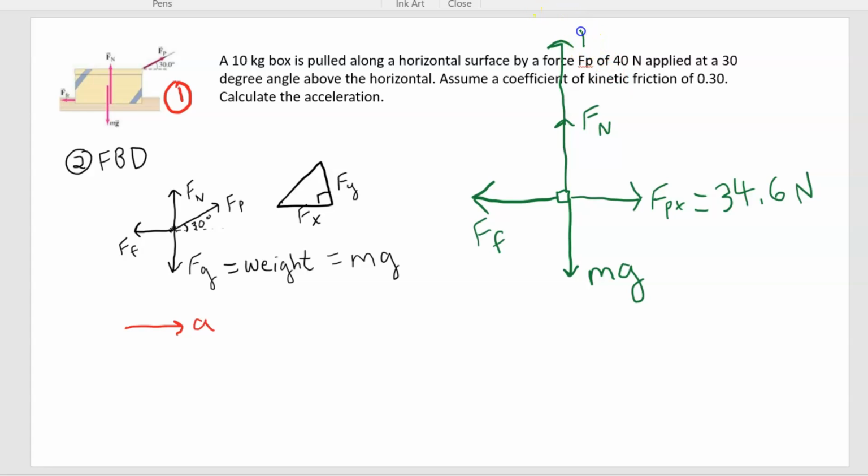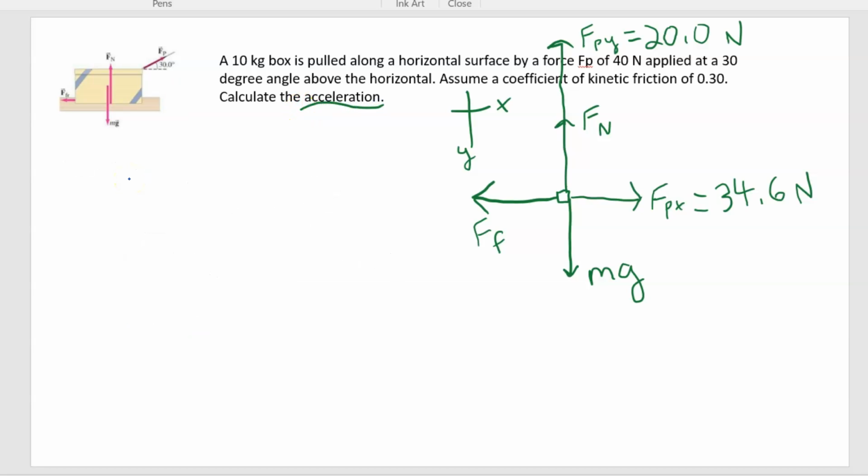We calculated that Fpy, meaning the y component of the Fp applied force, well, we got 20.0 newtons. So now we've redrawn this to all conveniently be on an XY plane. And I swear every time I draw an XY plane, it's a little bit worse than the last time. But our math is now going to be a lot easier, and we have been asked to find the acceleration.